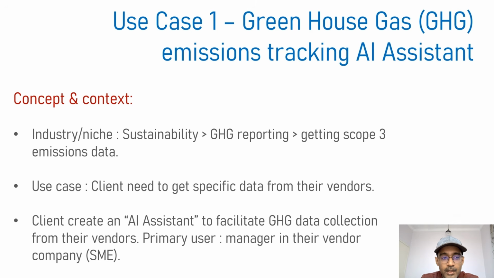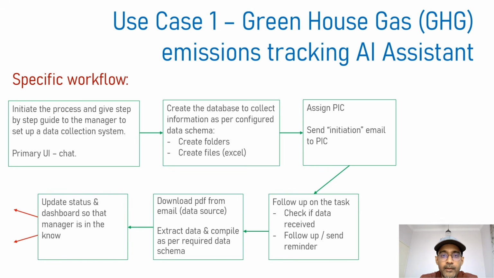So the specific workflows involved for this AI assistant: it will be able to do all these processes as an AI assistant. This AI will start the process by giving a step by step guide to the manager in the SME, the vendor or the supplier for this larger corporation.